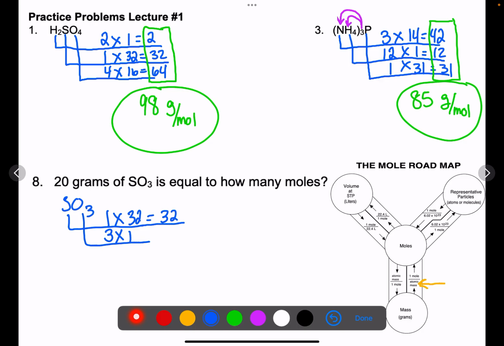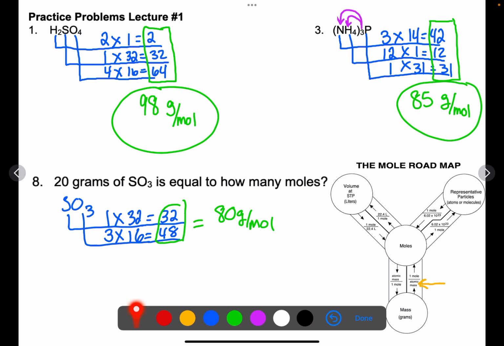And oxygen's a 16. And 3 times 16 gives me 48. And we add these together, and I get a total of 80 grams per mole. That's my atomic or molar mass. Okay, I have to have that to start because that is part of the conversion factor here.